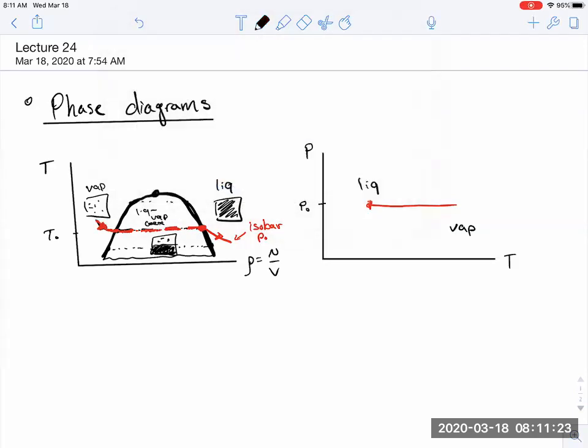we denoted T naught as being the point of coexistence. In this diagram, that line, which existed in the temperature density plane, now collapses onto a single point of coexistence, which is one of a number of points that trace out a coexistence line.